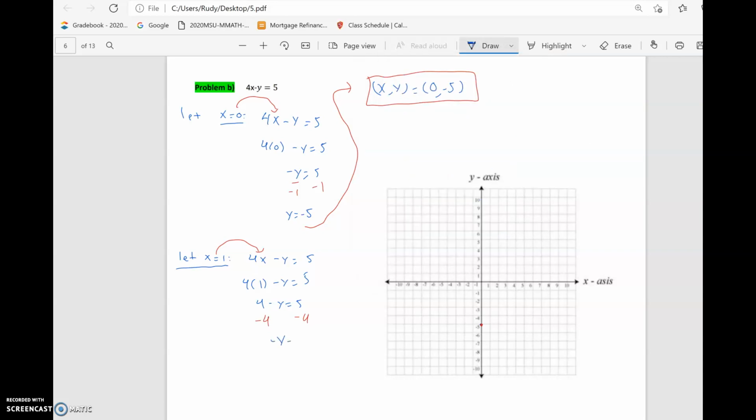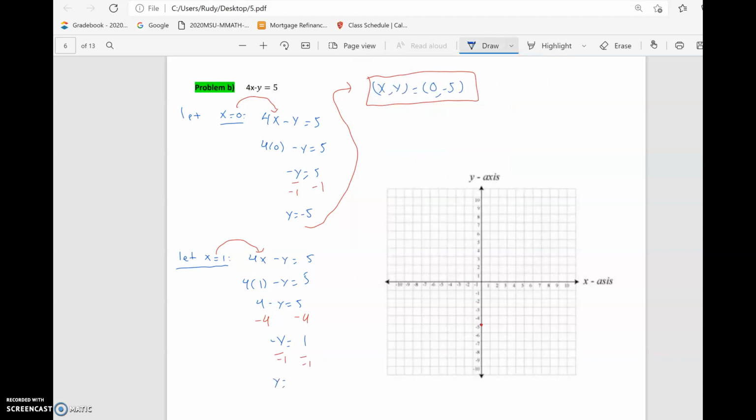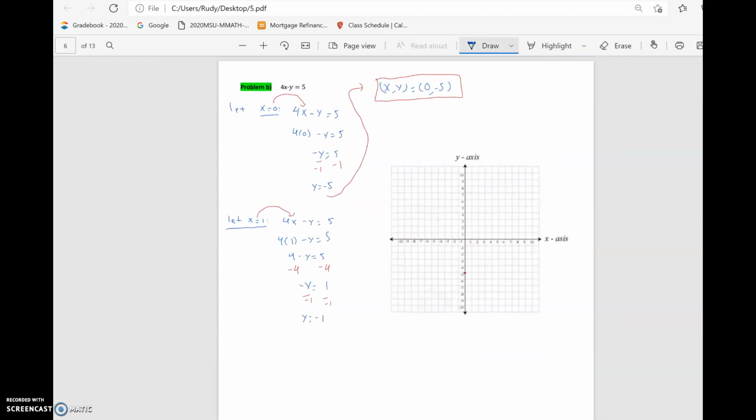and this will give us negative y is equal to 1, and then we'll do a final division of a -1, which is going to give us that y is equal to -1. So for this particular one, as an x and a y, we're looking at 1, -1.